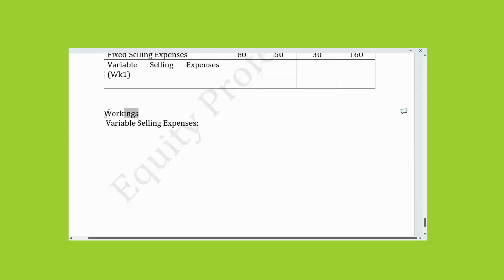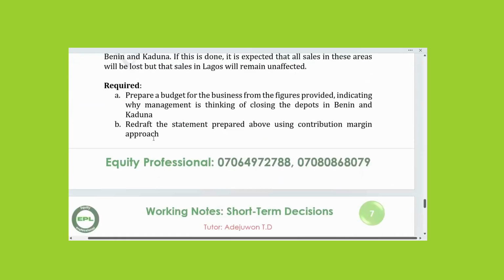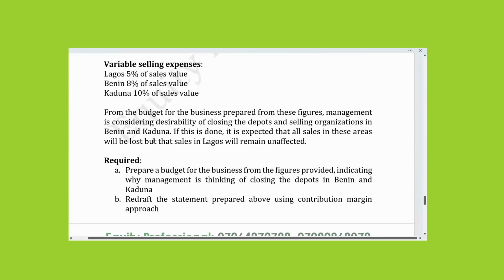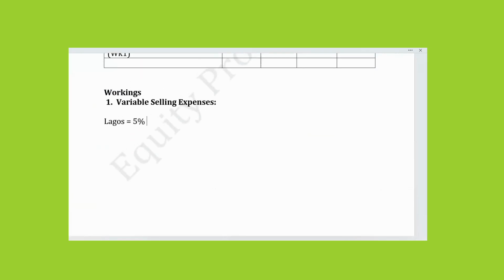According to the question, we are told the variable selling expenses for Lagos. Is it 8% or 10%? Lagos is 5% of sales value. So here is 5%. Be careful.